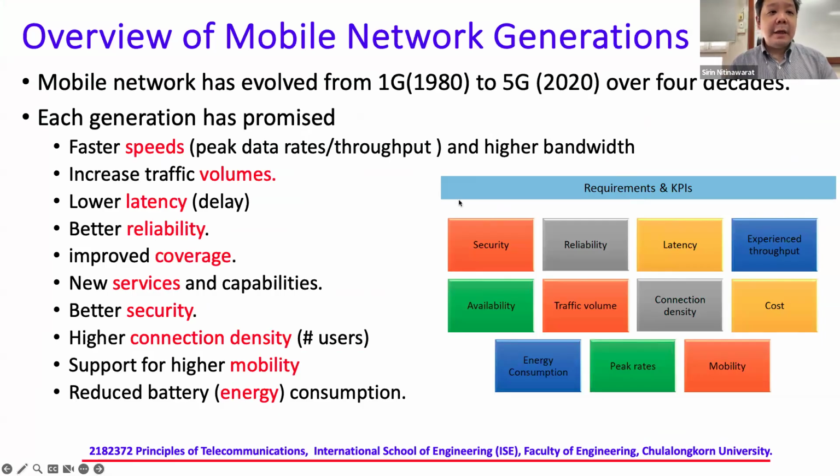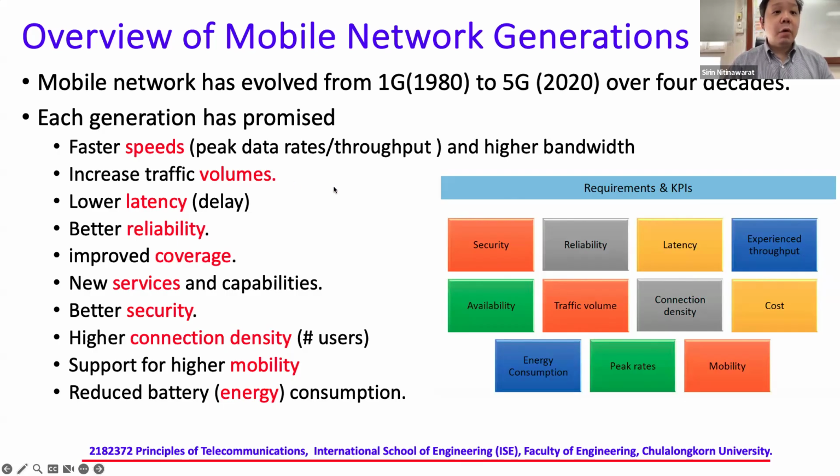Again, every time you go to a new generation of the network, there are canonical metrics that should be targeted to be improved. Of course, faster peak rates and throughputs, and increased traffic volumes.